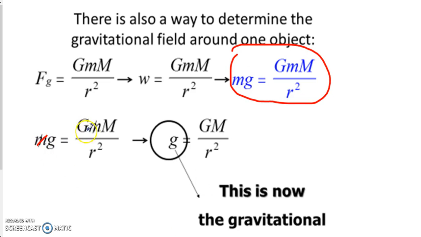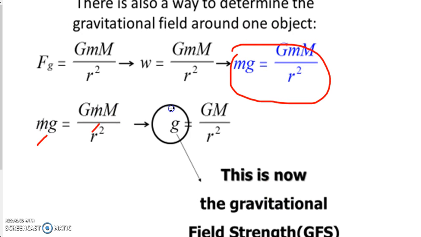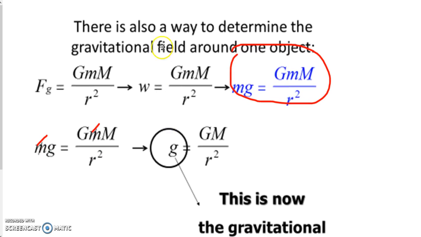So our m's cancel, leaving us g, or the gravitational field, let me move that up. Or the GFS, we'll call it the GFS, is equal to gravitational constant times the mass divided by the radius squared.